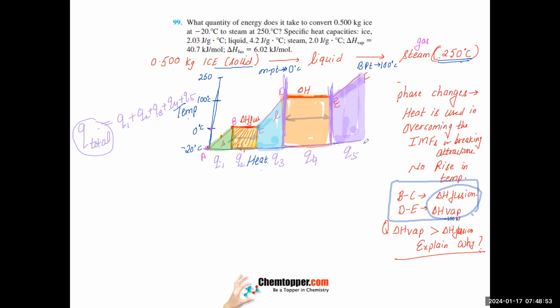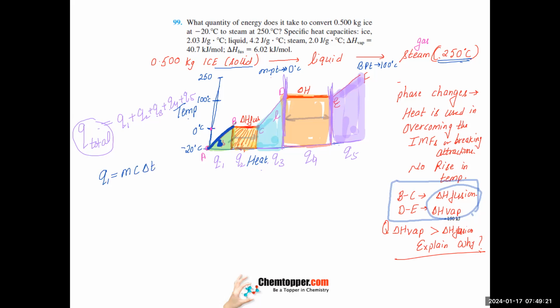So the number of questions there are. This question includes everything, so let's see. Let's work with Q1. Yes, children, how to calculate Q1? Q1 is solid ice, and Q1 equals mc delta T, because there is a rise in temperature.